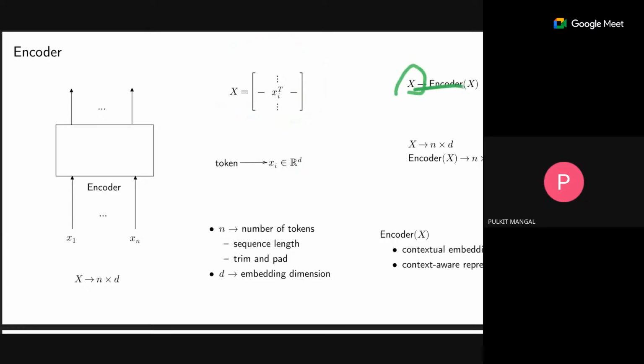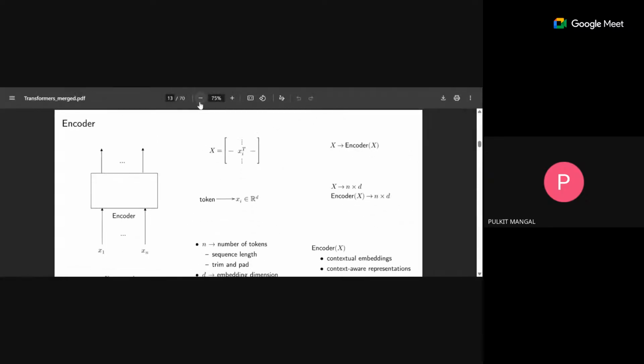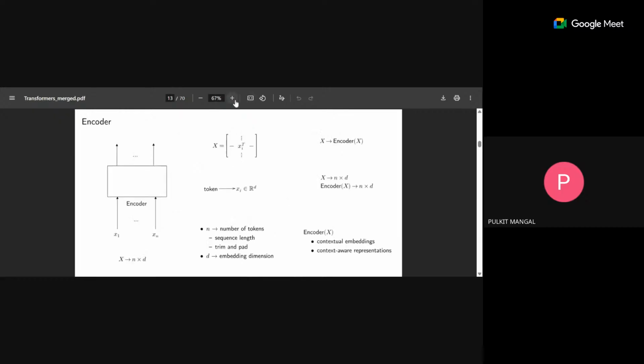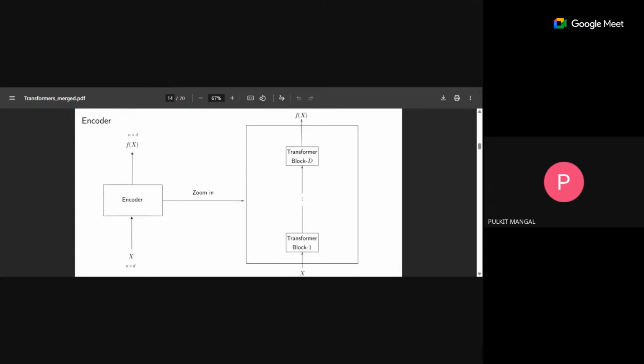You will feed that matrix to the encoder. So X is n cross d, and the encoder is also n cross d dimension. Now how things will work here is, in each of our encoder blocks there will be some transformer blocks.